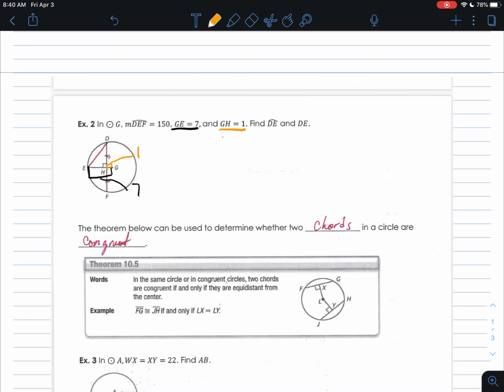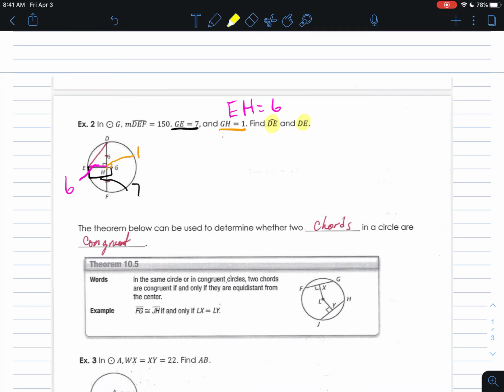So in saying all of that, we know that EH, we'll go pink, is going to equal 6 then. Okay, so since we know that, I'm just going to put it up here too. We need to find arc DE and then DE, the side.